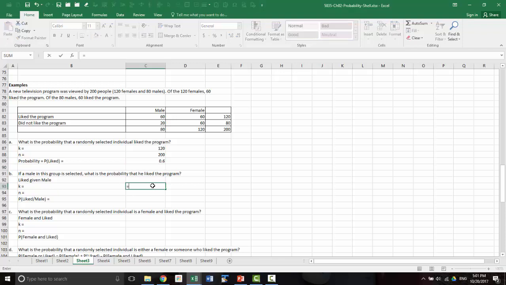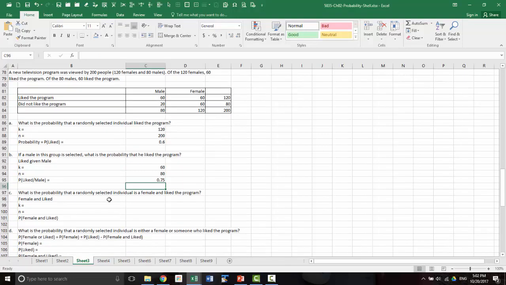So K is, now we need to only look at this column, not these. Only this column, given male. So K is 60 and N is now 80, not 200, because given male means that's it. The sample space is now shrunk to just male. Then that divided by that is 0.75.